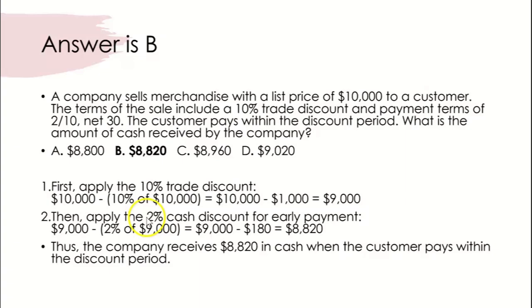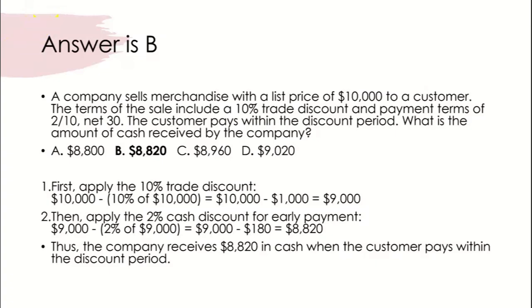So now we apply the 2% cash discount for early payment to the $9,000 balance. So $9,000 minus 2% of $9,000 leaves us with a $180 discount for paying early, and that means the company will collect $8,820 in cash. Because the question asks, what's the amount of cash received by the company? And the answer is B, $8,820.